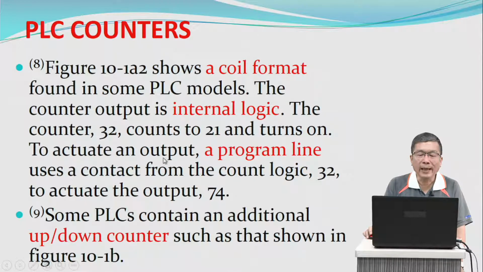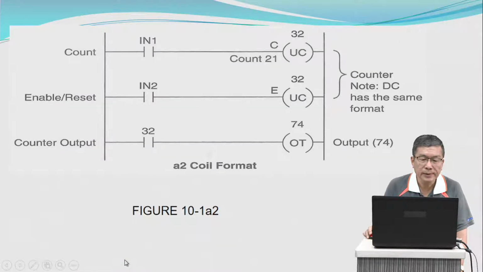To actuate an output, a program line uses a contact from the counter logic 32 to actuate the output 74. Some PLCs contain additional up and down counters, such as shown in figure 10.1b. This is the counter coil format.